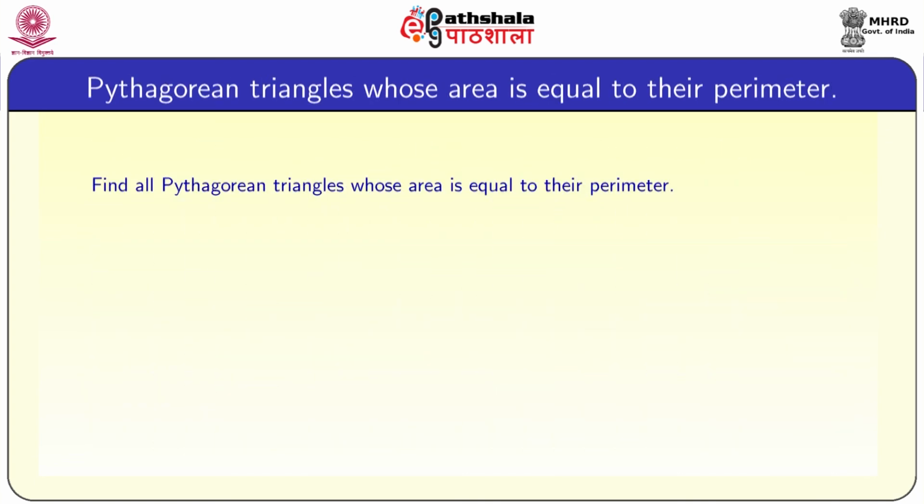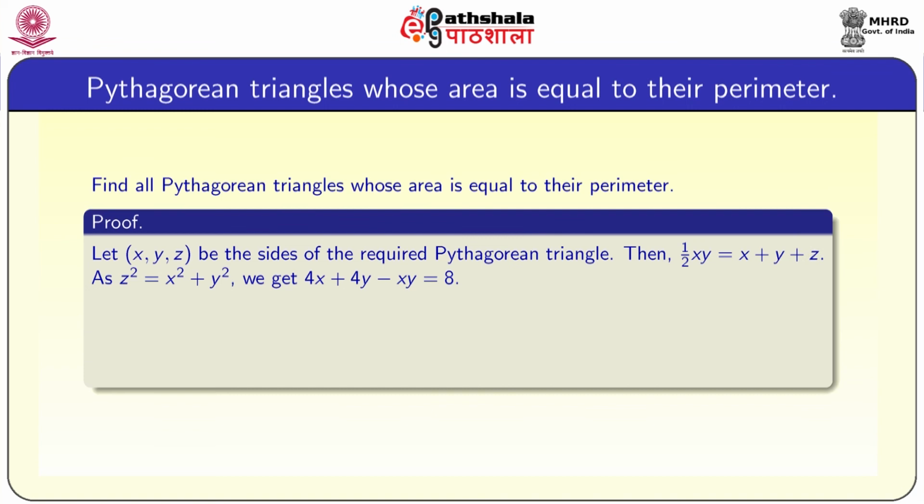Now, Pythagoras triangles whose area is equal to the perimeter. Here we are going to find all Pythagoras triangles whose area is equal to their perimeter. Let x, y, z be sides of a required Pythagoras triangle, and then half of xy is equal to x plus y plus z, area equal to the perimeter. But we already have that z square equal to x square plus y square.